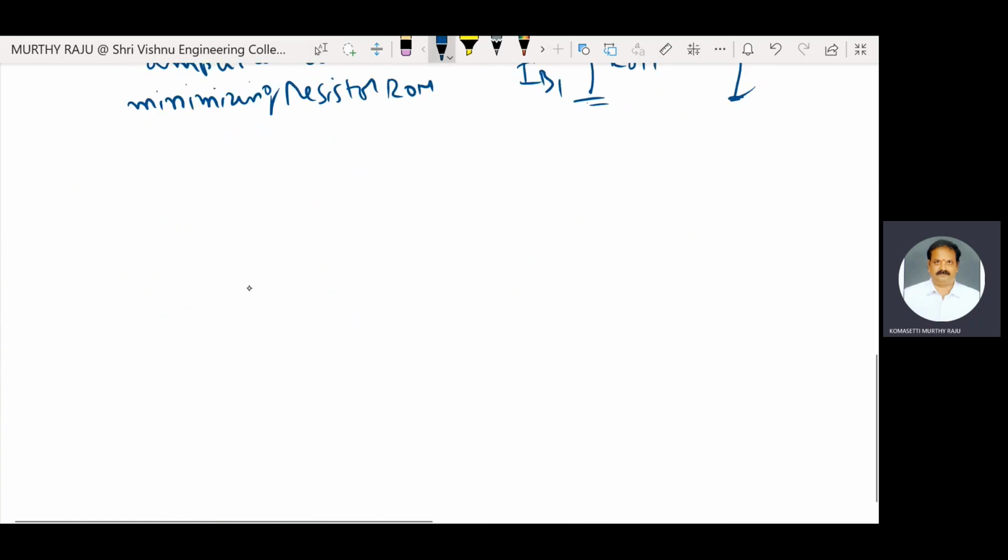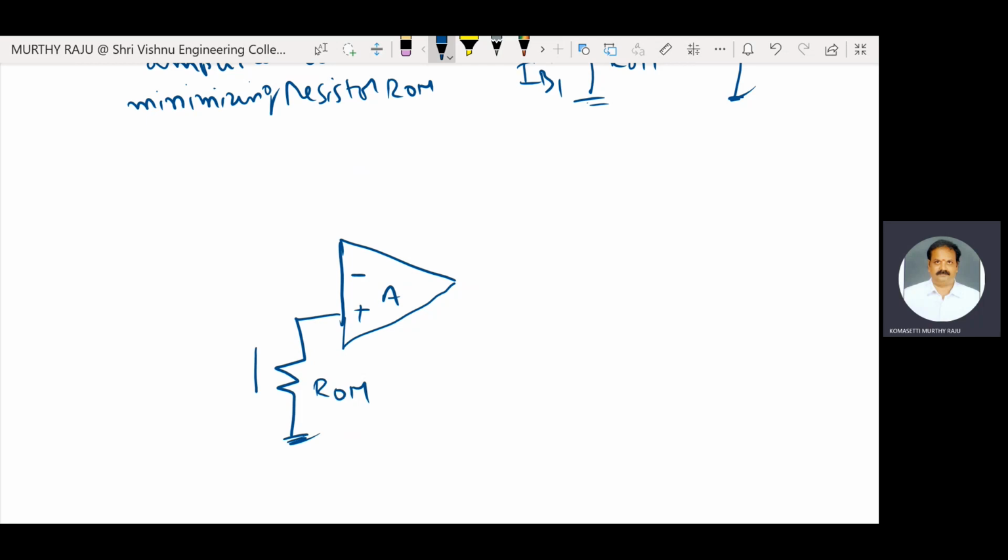Here we use only one circuit. One is plus, minus, plus, ROM.